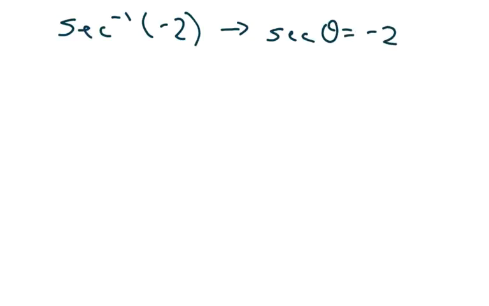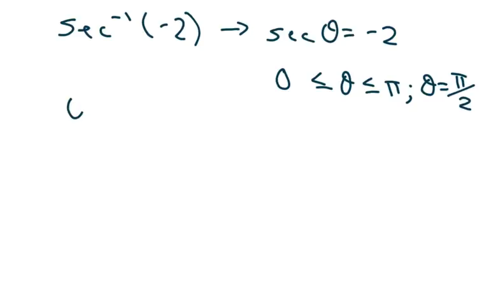And that means my angle is between 0 and pi, while at the same time it can't be pi over 2. It's undefined there. And that means my angle is going to be in quadrant 2, and that angle is going to be 2 pi over 3. And that is your answer.